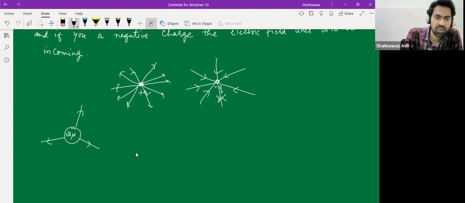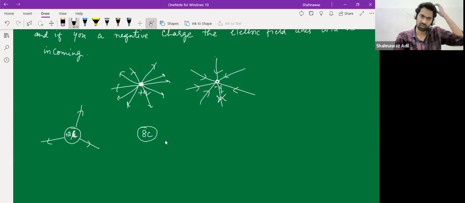If I want to draw the same charge which has 8 coulomb charge, what would be the electric field lines? You have 3 lines for this 2 coulomb charge. So how many lines would be there for this 8 coulomb charge?